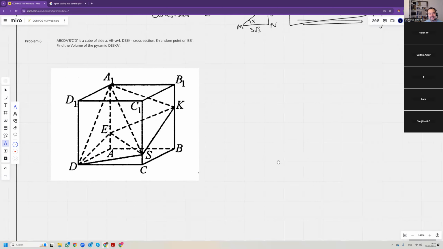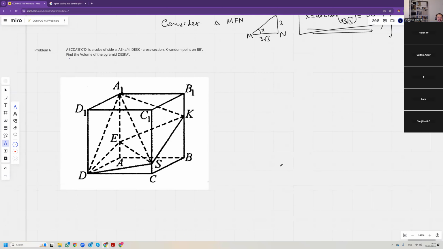Ooh, I like this one. So, A, B, C, D, A1, B1, C1, D1 is a cube. And DESK is a cross section where E is a quarter of the side. So if this side is A, then AE is a quarter of A, A over 4.